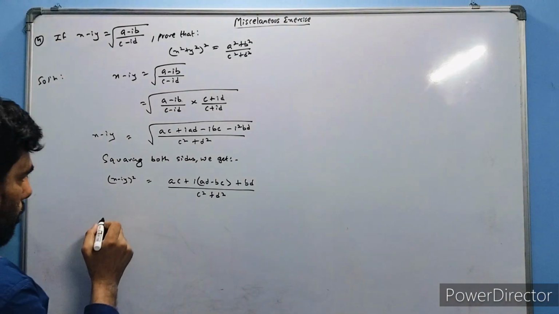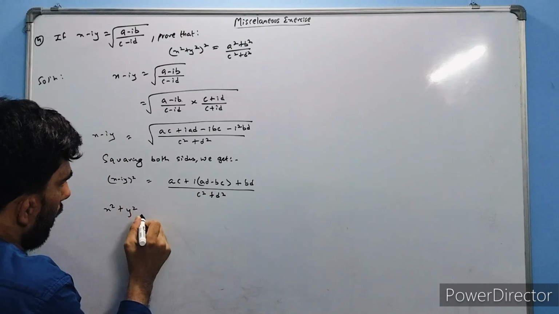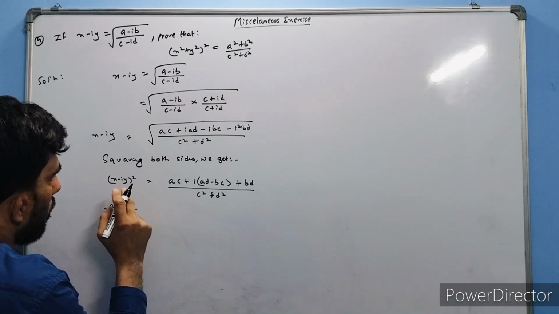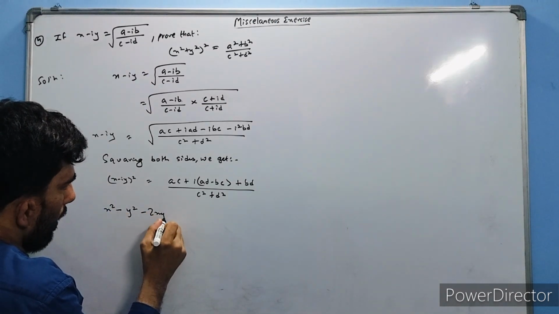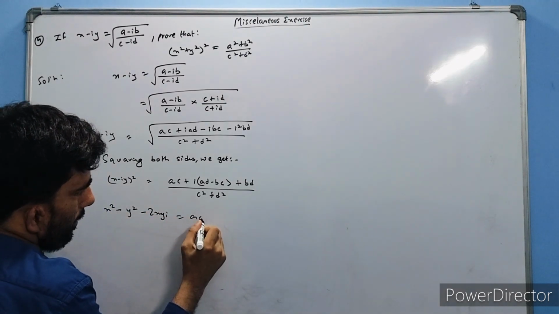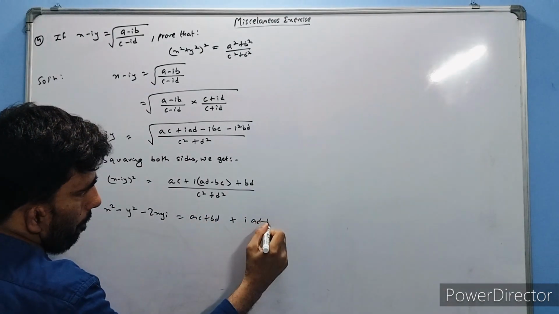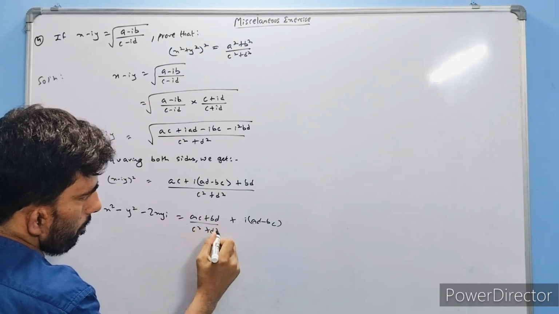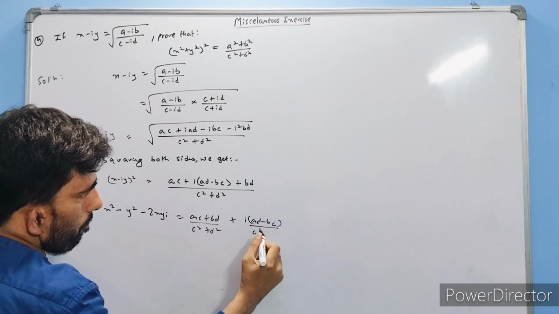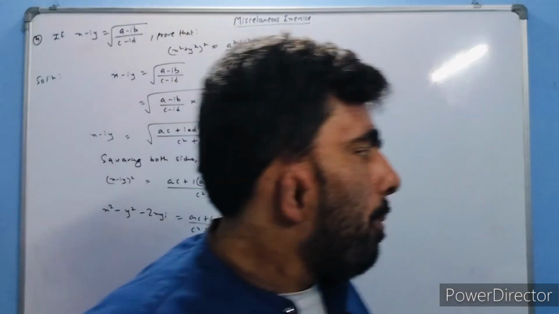Okay, now I open it, x square plus y square, i square minus 1, no? So minus, so i ac plus bd plus i ad minus bc. I can separate it here. Okay, so now I can separate it here.